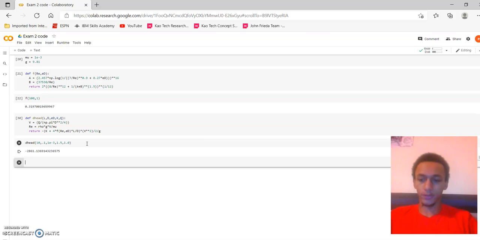So let's do a function that defines flow. And we're going to do some of the same values. L, relative roughness, D head, and I believe that is it actually.